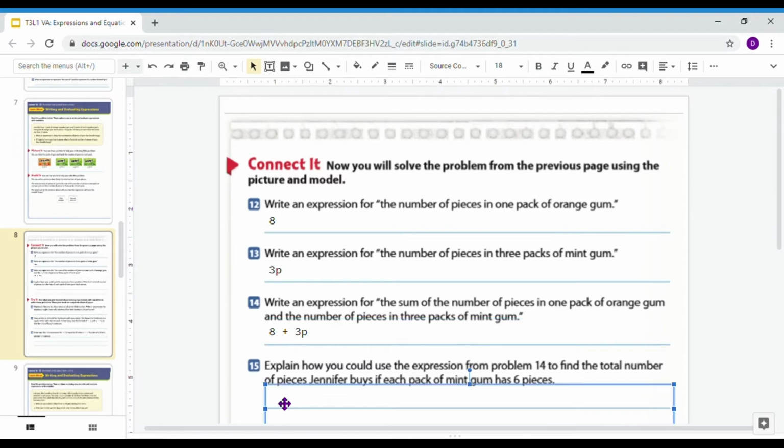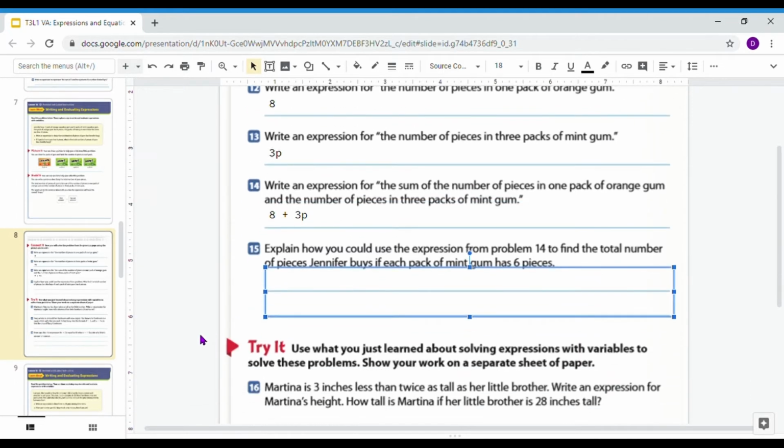And then it explains how we can use the expression to find the total number if Jennifer has 6 pieces in each mint pack. So all we would have to do in this case is plug in 6 for P. So if I were to plug that in, I have 8 plus 3 times 6.